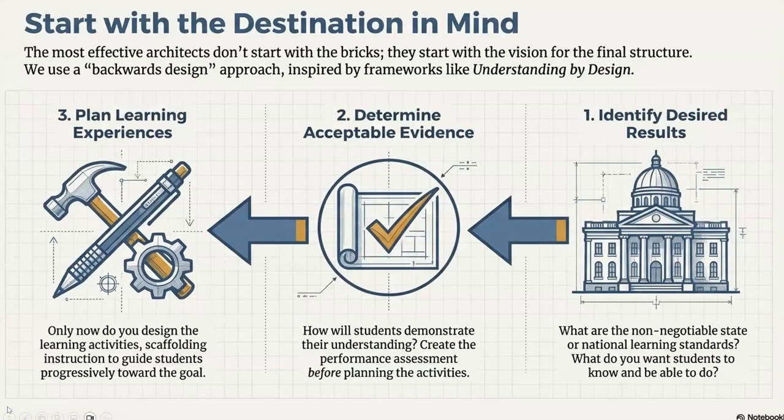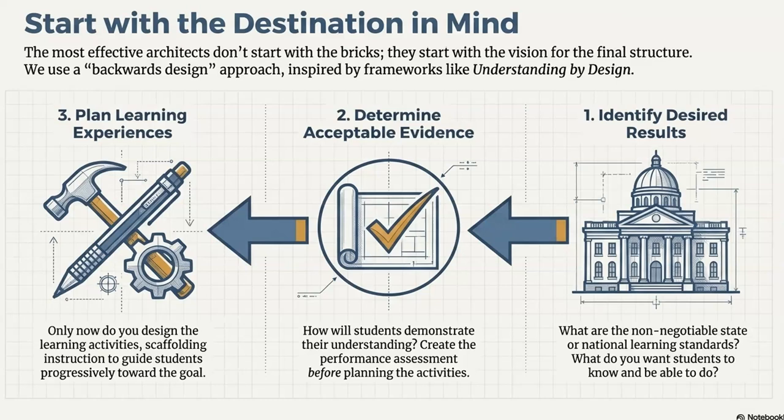So it's always good to start with the destination in mind. It's best practice to backwards design. In AP Capstone, depending on which course you're teaching, whether it's AP Seminar and you're looking to have students do their performance task one, or you're looking at the first three sections of the paper in AP Research, we're looking at what are the desired results for the student.